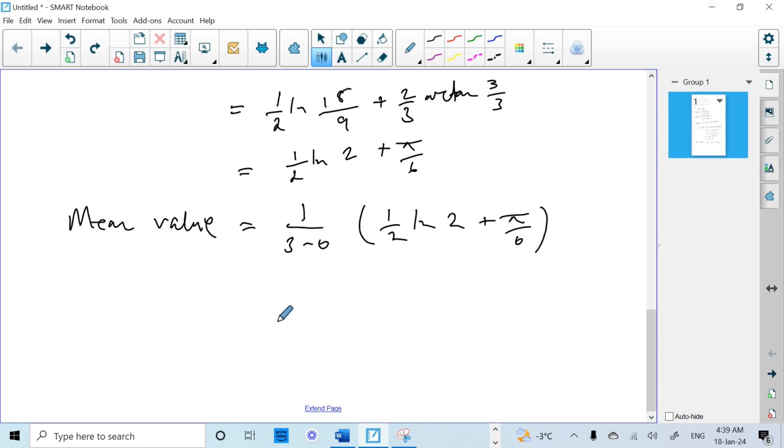And that will give us 1/6 log of 2 plus pi over 18. And that's it for 7 marks.